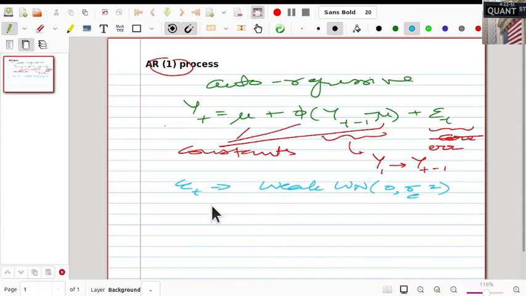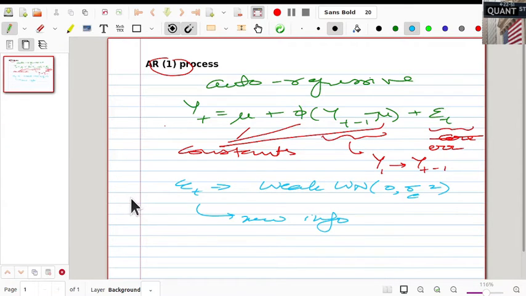So this epsilon t represents the movement due to that news, and that's why it represents the new information, and that's an important part of this AR1 process.